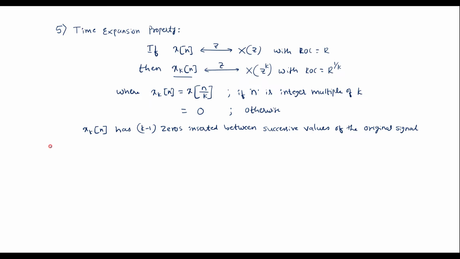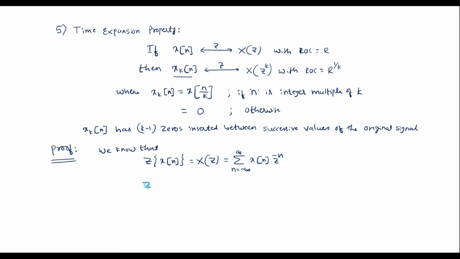Let us prove this property. We know that the Z transform of any discrete signal, say x of n, is given by X of z, which can be represented as summation n varies from minus infinity to infinity x of n z power minus n.